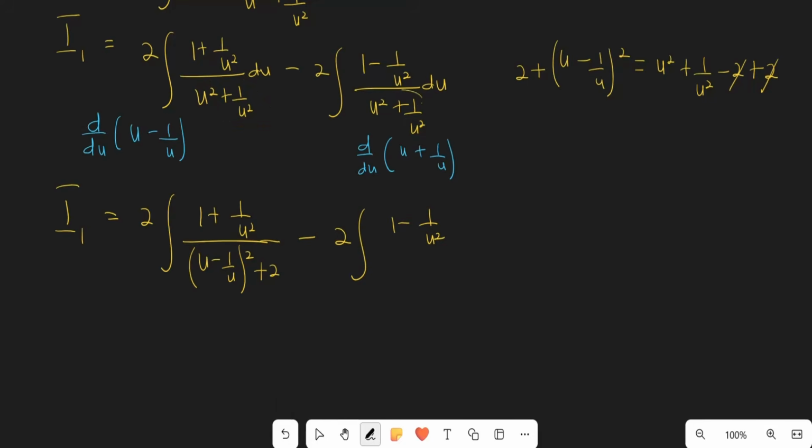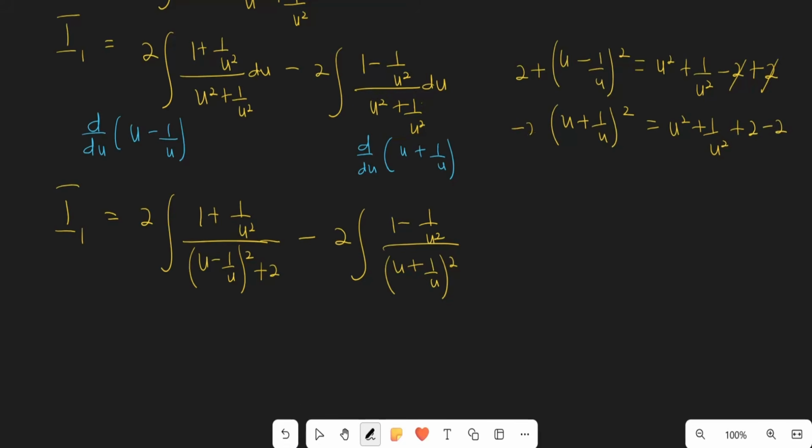Because I want something like this at the denominator, I have to write the denominator as (u plus 1 over u) and all this one squared. And when I look at this, (u plus 1 over u) all squared is the same as u squared plus 1 over u squared plus 2. But I don't have plus 2 here. For me to cancel the plus 2, I have to subtract 2 to the right hand side.